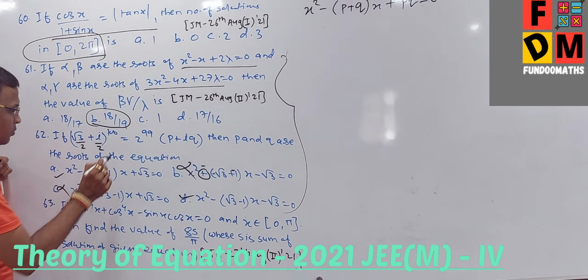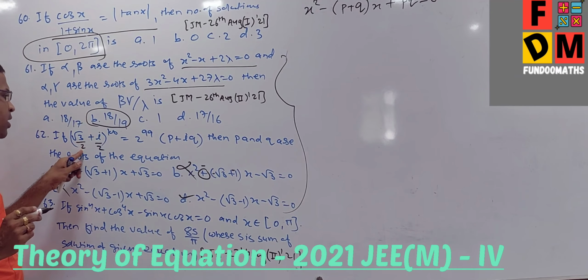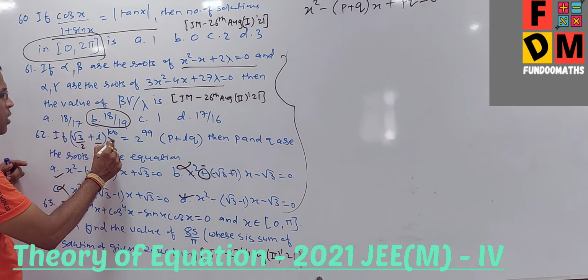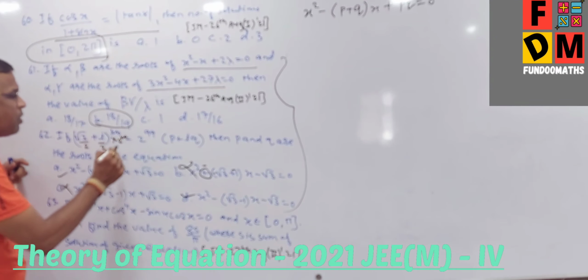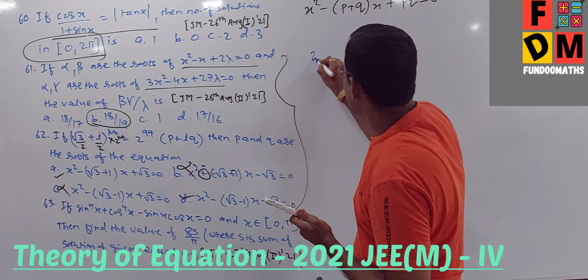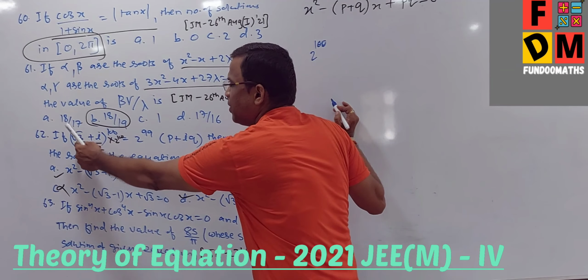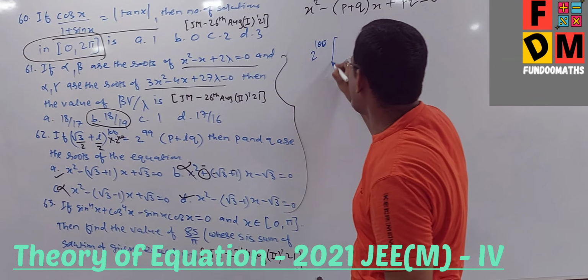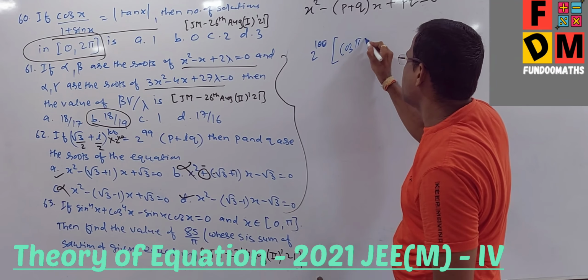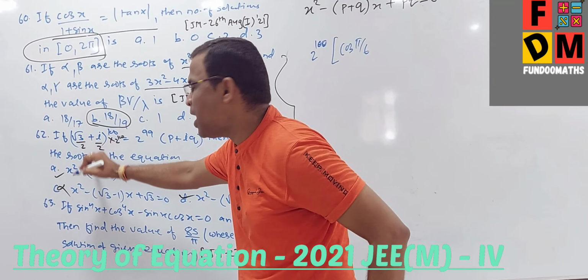So actually I have divided by 2 to the power 100. So just to compensate, I will multiply by 2 to the power 100. So I am writing 2 to the power 100, and then root 3 by 2. So can I say cos 30? Cos 30 is root 3 by 2, plus half i.